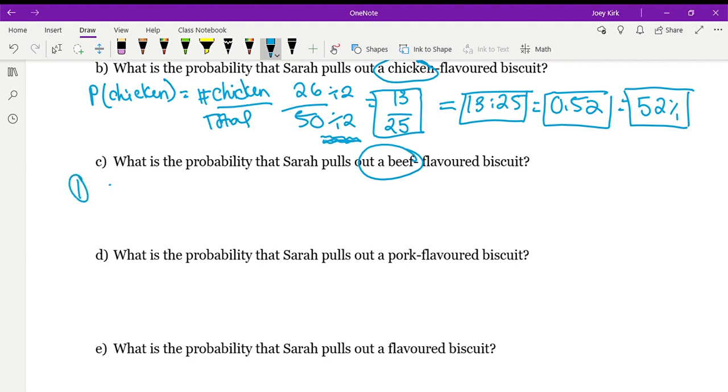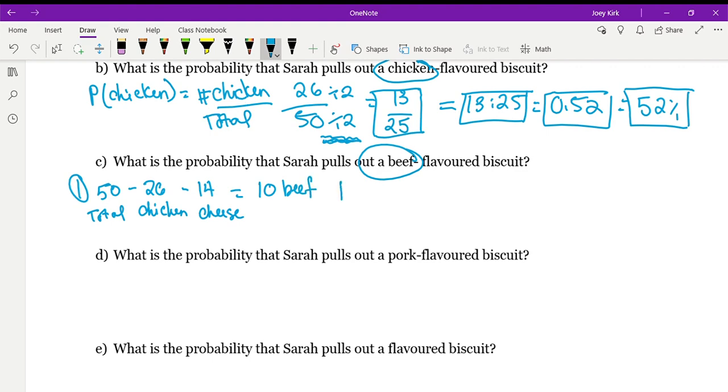So we're going to do that by taking our total, and we're going to subtract. We know that there were 26 chicken, and subtract again, there were 14 cheese. If we plug that into our calculator, that leaves us 10, which are going to be the beef, okay?